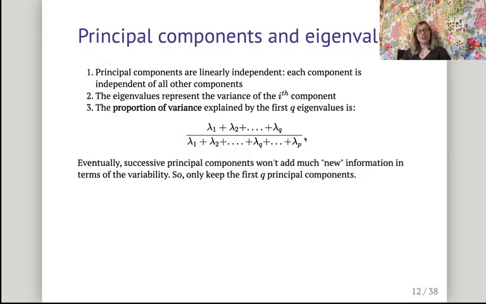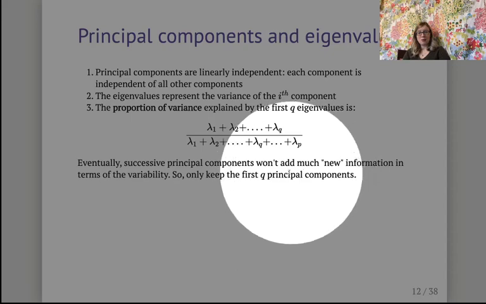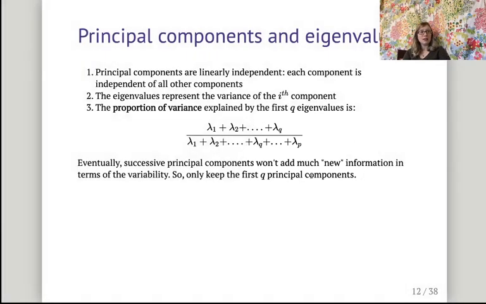Now, eventually, these eigenvalues are going to get smaller and smaller, which means that this proportion of variance explained will effectively start to level off. These new principal components won't bring much to the table in terms of explaining the variability. So our goal will be to figure out how many principal components we should keep to retain enough variation in our data.